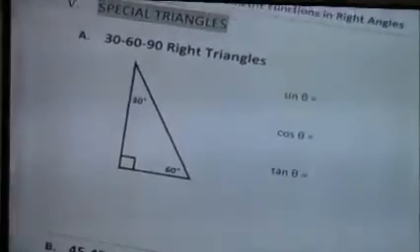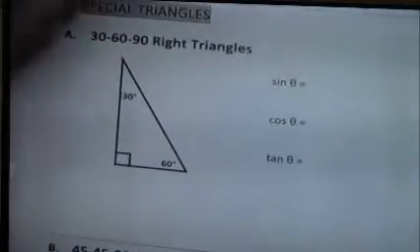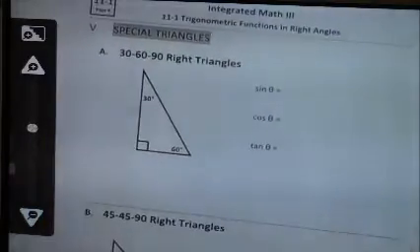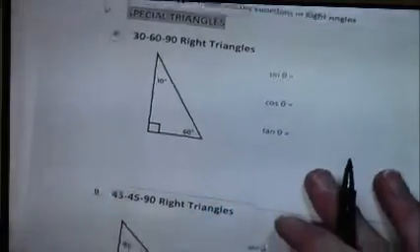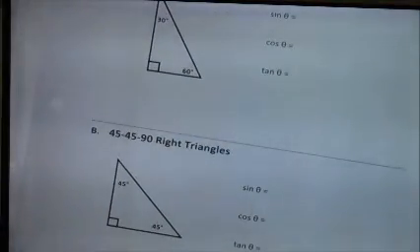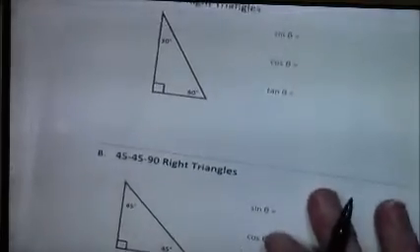Now let's take a look at page 4. Okay, another part in this section is these special triangles where there's like an automatic relationship. 30, 60, 90 triangles and 45, 45, 90 triangles. The relationship between the sides is the same every single time. So I'm going to start with this one.